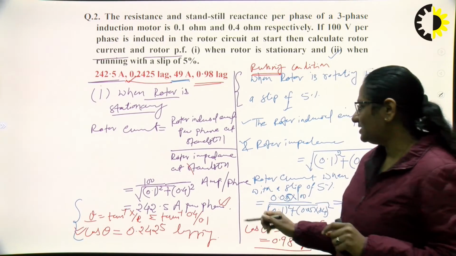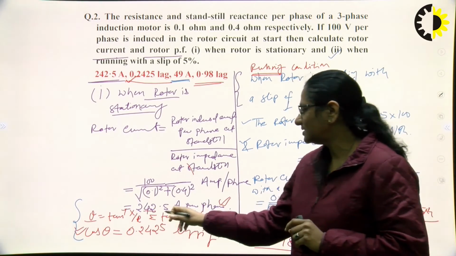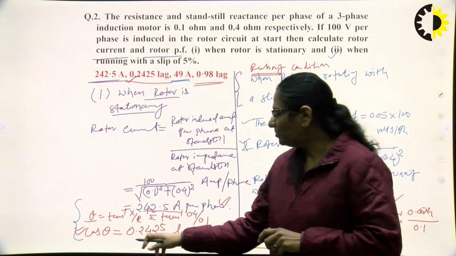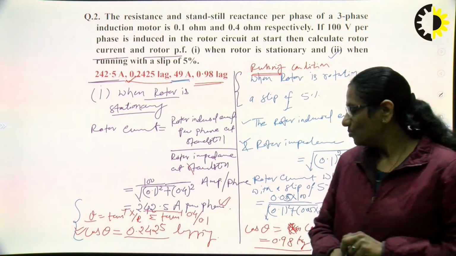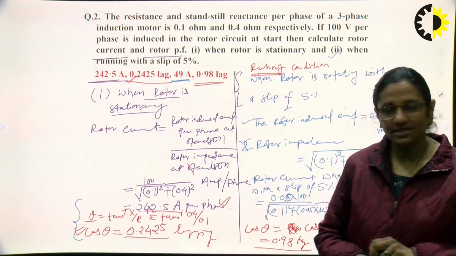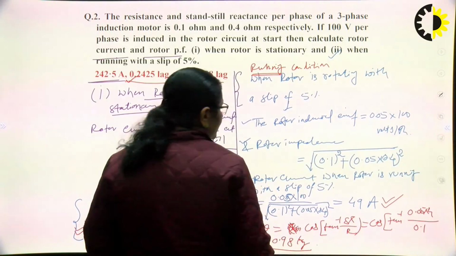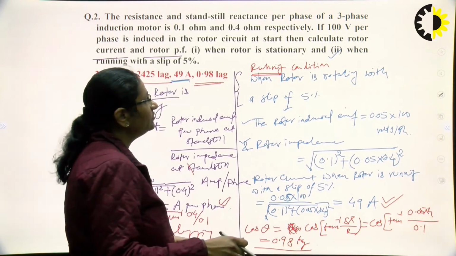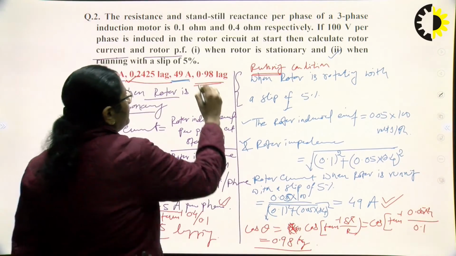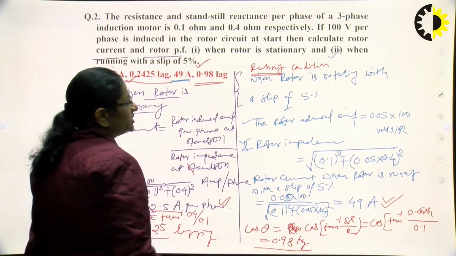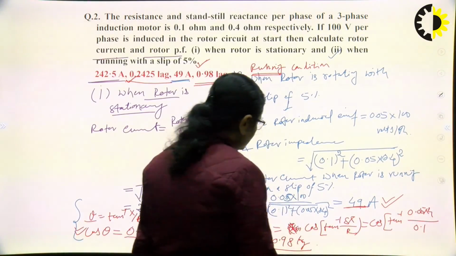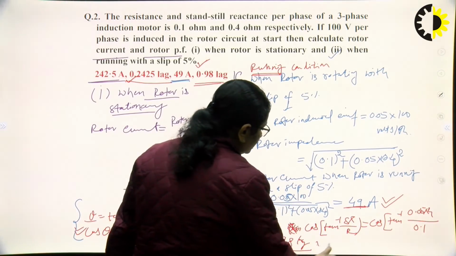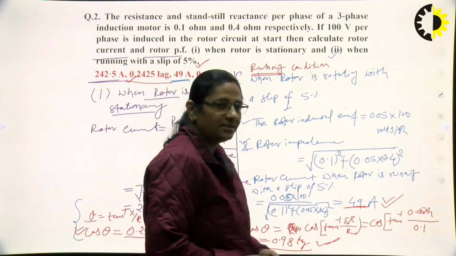So under these conditions, the current flowing in the rotor circuit is quite high, and the operating power factor of the rotor is quite low. It is 0.2425. While under normal running condition, when the motor is operating with a slip of, for example, 5% as given in this particular question, the current gets reduced to 49 ampere and the operating power factor is improved to 0.98 lagging.